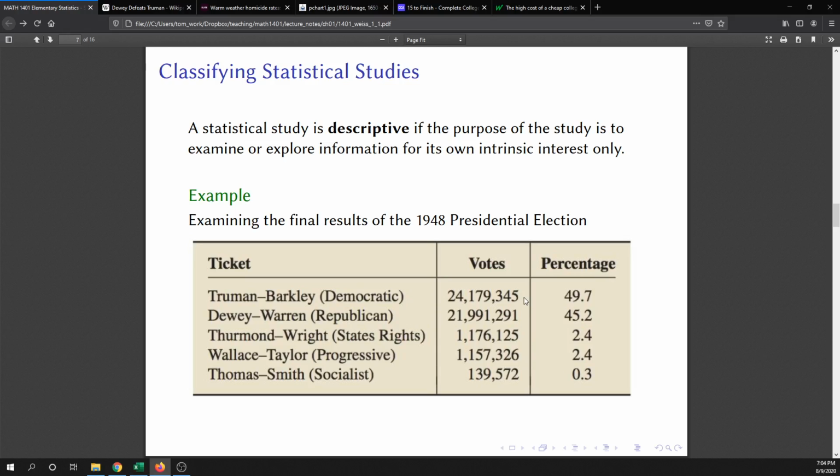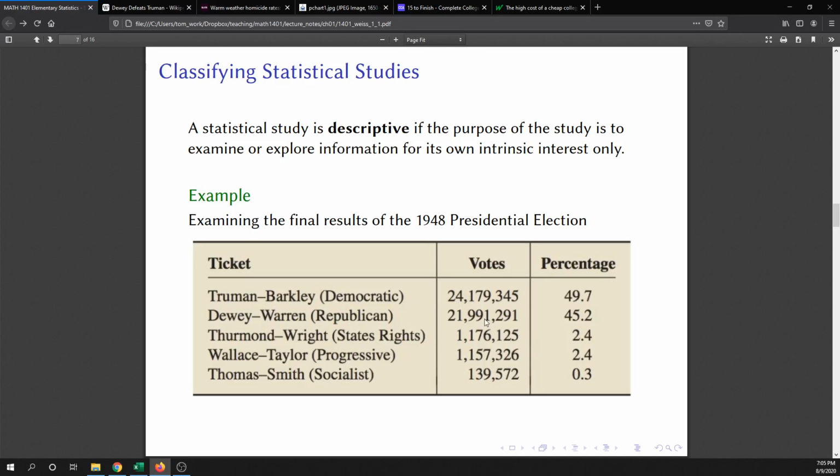Basically he was taking a sample of the votes, and everybody based on that sample concluded that not only was Dewey going to win, but he was going to win big time, and it actually turned out to be the other way around.